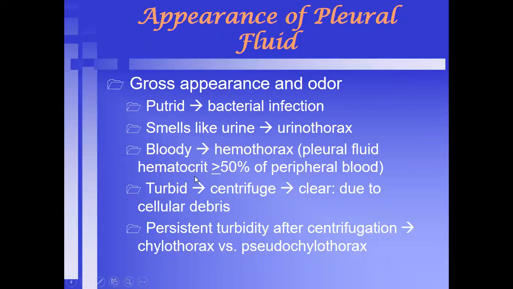And if the fluid is turbid or cloudy, we send the fluid for centrifugation. If after centrifugation the fluid clears up, then the turbidity is only due to cellular debris. However, if your turbidity persists even after centrifugation, then you have two possibilities, your chylothorax and your pseudochylothorax.